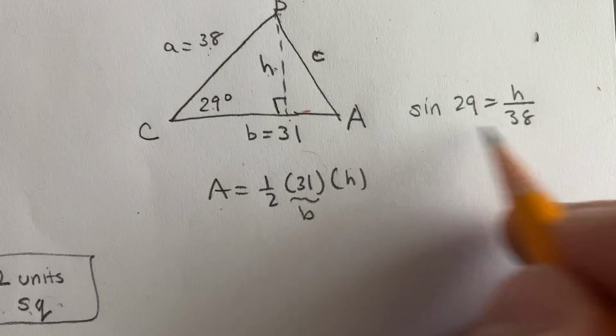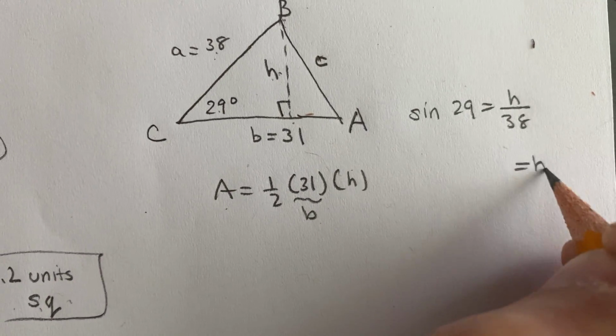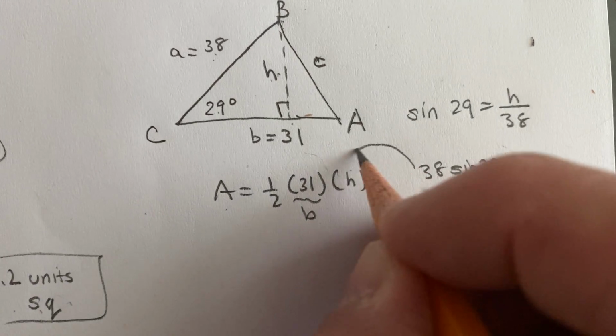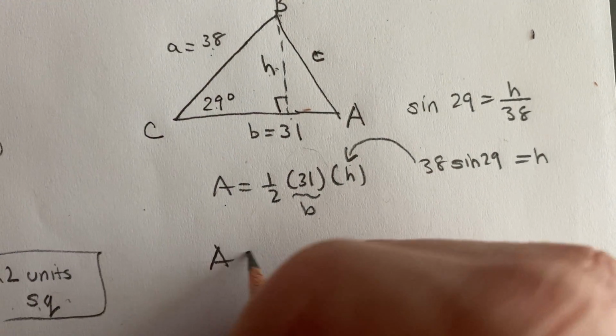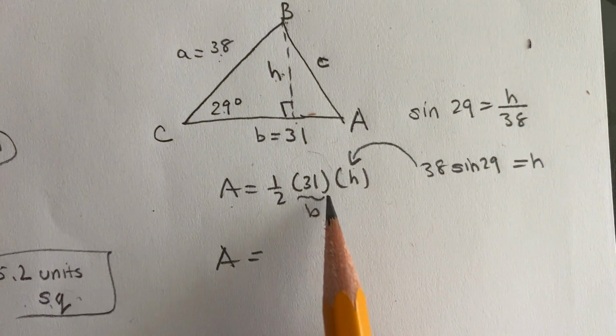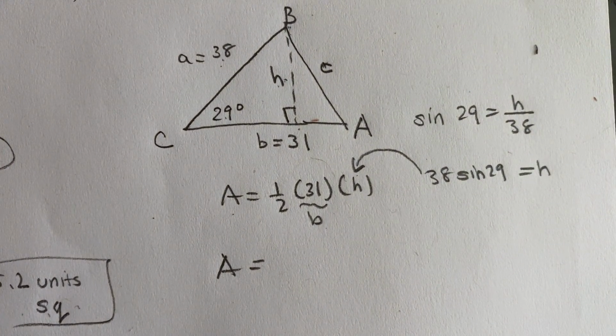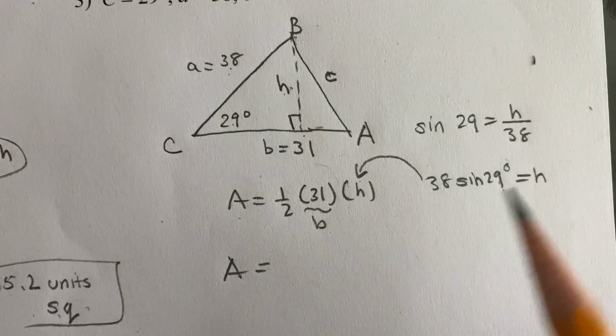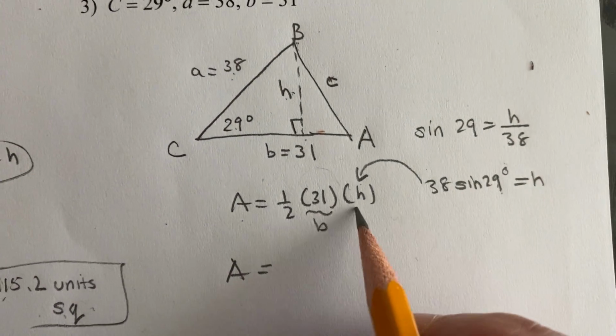Okay, and then you can cross multiply. h is equal to 38 sine 29. Substitute it into there, and then enter this on your calculator. Make sure you are in degree mode when you plug this in. Sine of 29 degrees times 38 is your height.